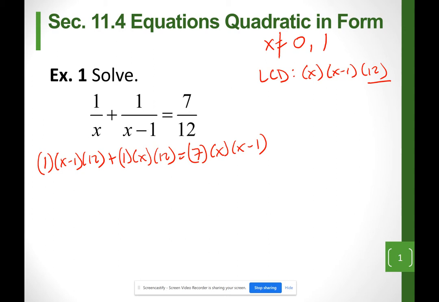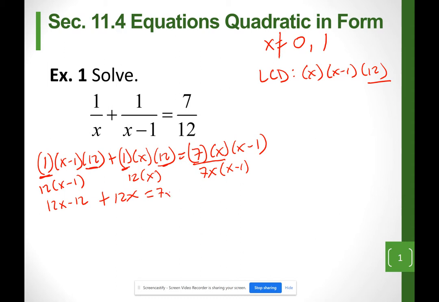Now, let me multiply what I have. 1 times 12 is 12, times x minus 1. That gives me 12x minus 12. Here I have 1 times 12, that's 12, times x, that gives me plus 12x. Here I have 7 times x is 7x, times x minus 1. It's going to give me 7x squared minus 7x.